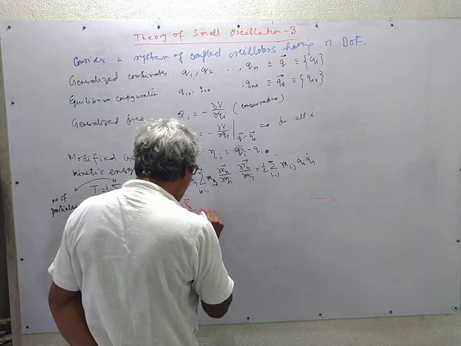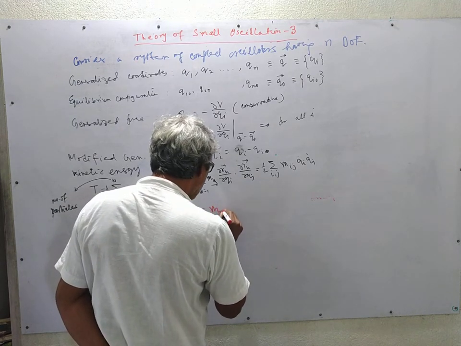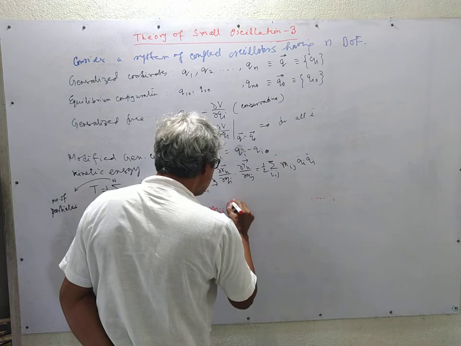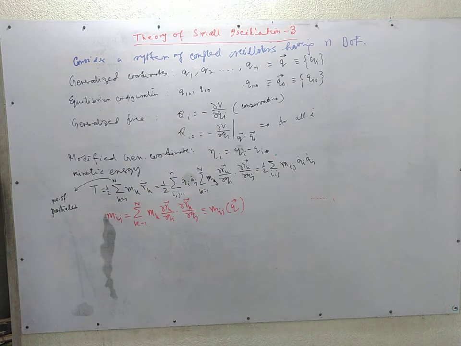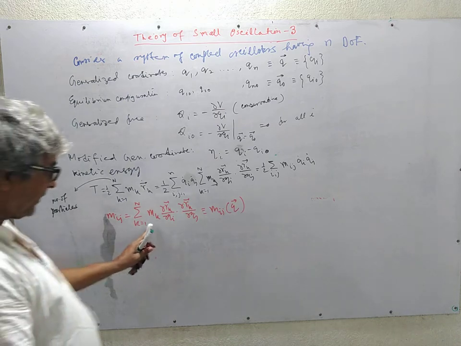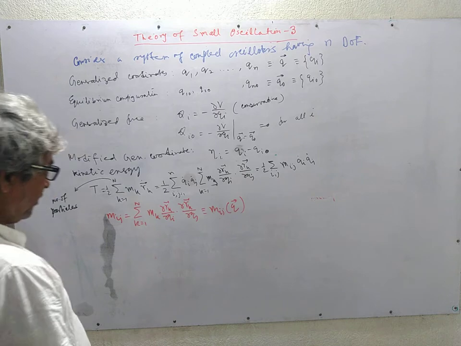So it is a function of the q's, meaning it is a function of qi's and qj's, and the k dependence is summed over.